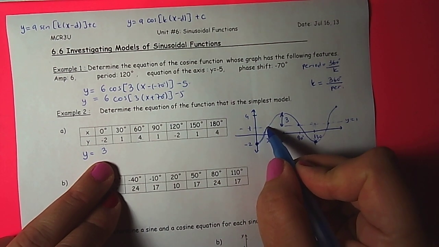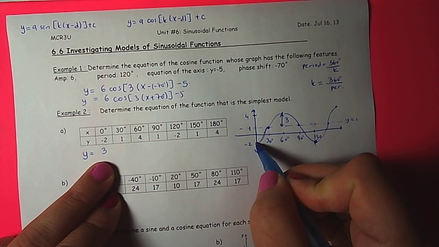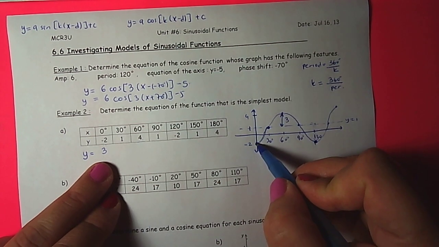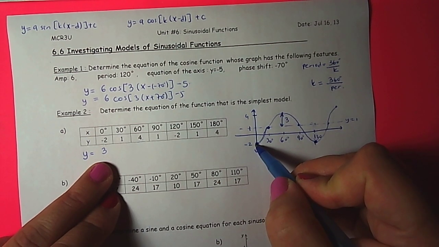If you start from here, that would be a sine function. If you start from the minimum, that would be negative cosine. If you start from the maximum, that would give you positive cosine. In this case, if we start from a minimum, that gives us the negative cosine.